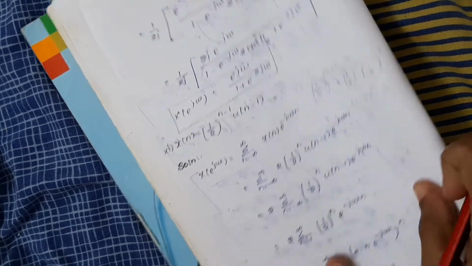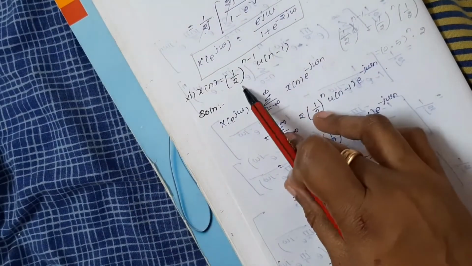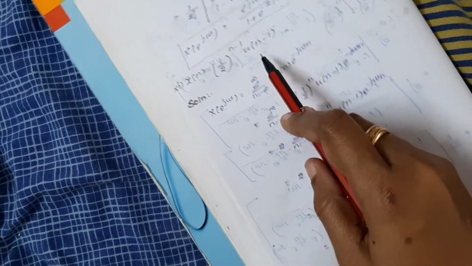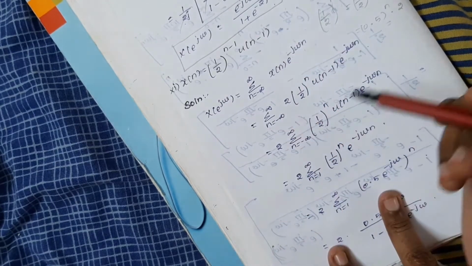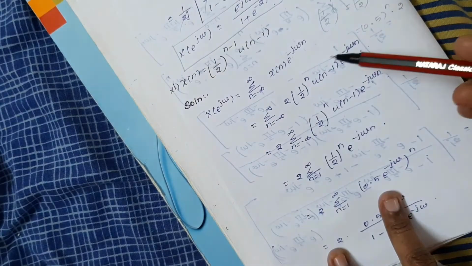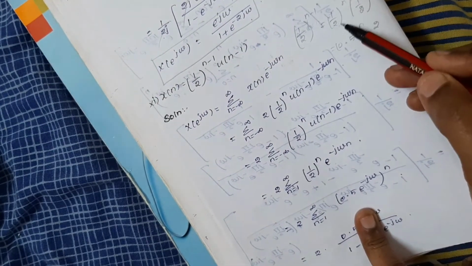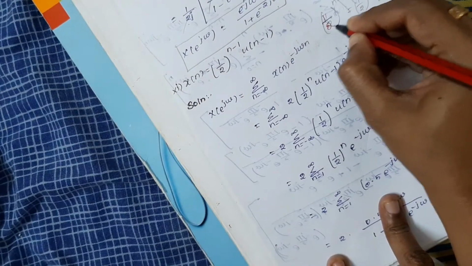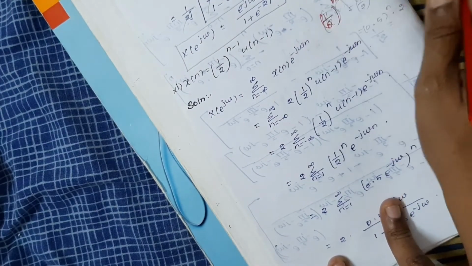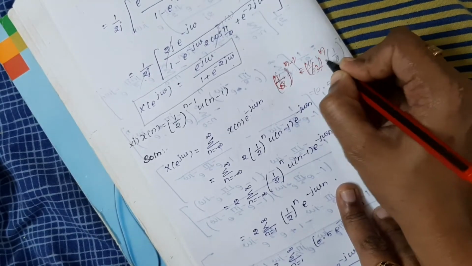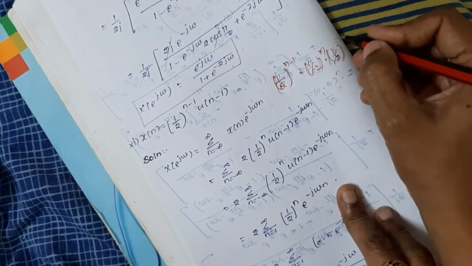Okay. And the next problem is 1 by 2 the whole power n minus 1 u of n minus 1. So you can write 1 by 2 the whole power n minus 1 as 1 by 2 the whole power n into 1 by 2 the whole power minus 1.